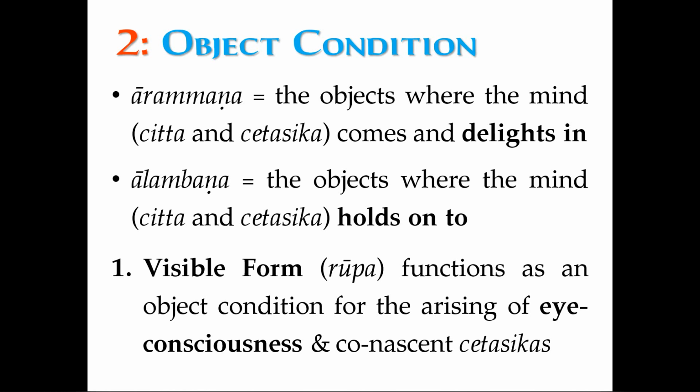Here, connecting cetasikas means those which are associated with the consciousness. We have 7 universals in the second chapter, right? So the consciousness is associated with 7 universal cetasikas. So those citta and cetasikas take the visible form as object.